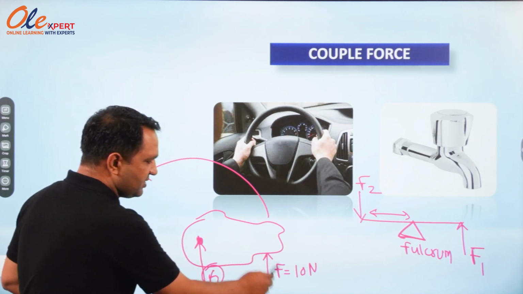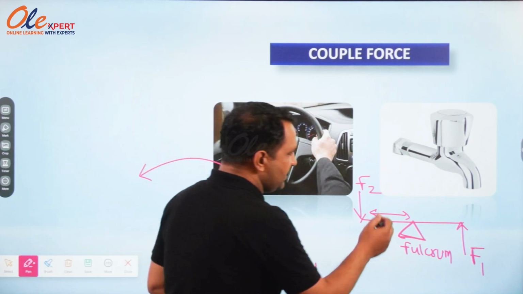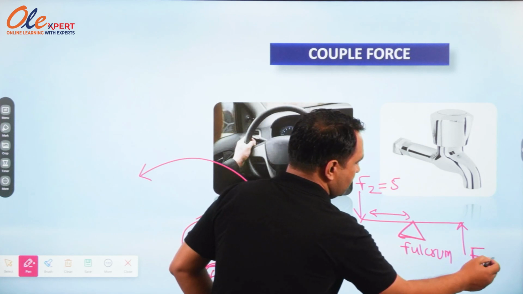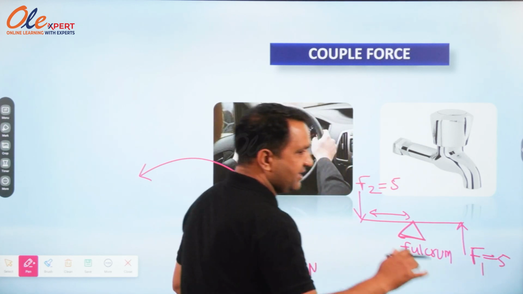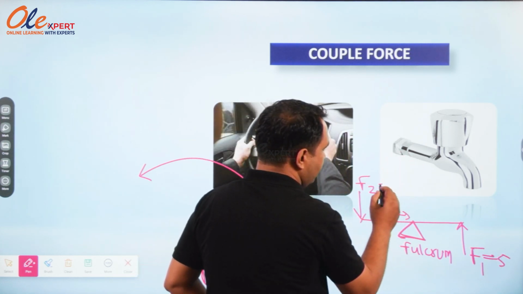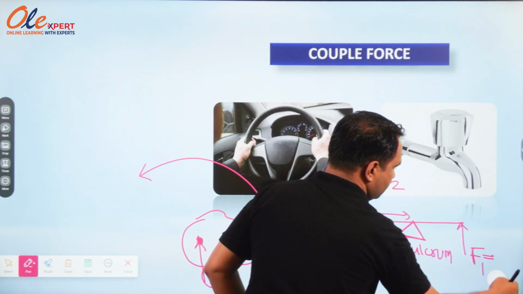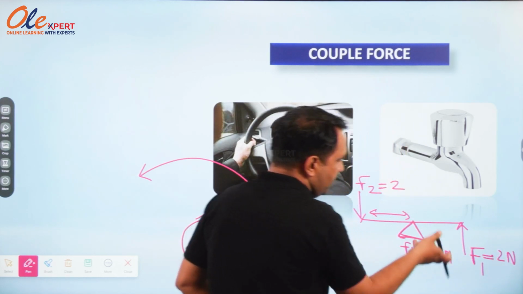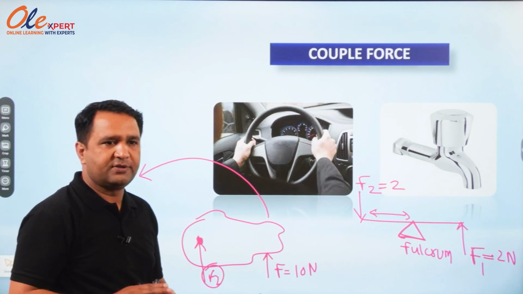Earlier, this was 10 Newton. Now, it can be 5 Newton or much less than this too. It can be 2 Newton and it will be rotated. I hope that you got it.